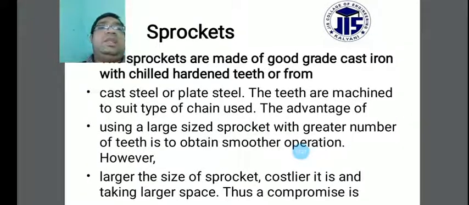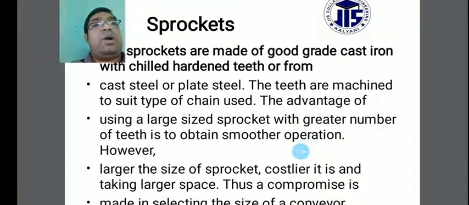And there are disadvantages of using a large size sprocket. A large size sprocket with a greater number of teeth is used to obtain smoother operation.